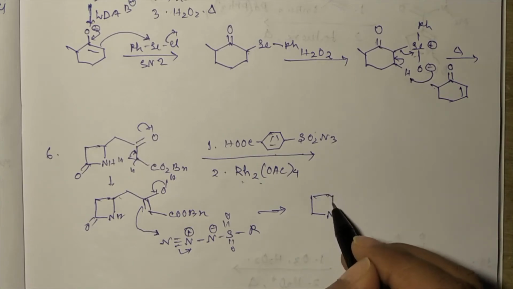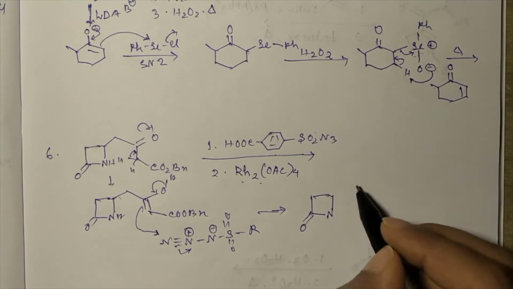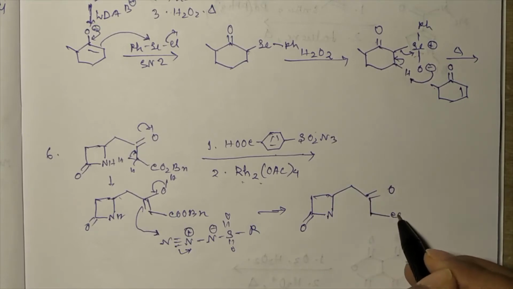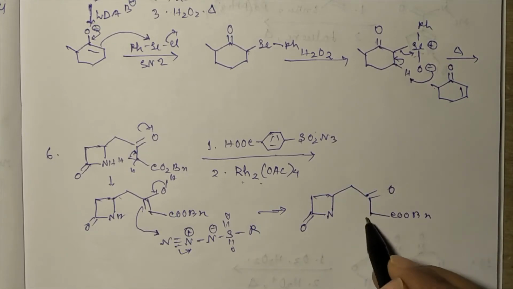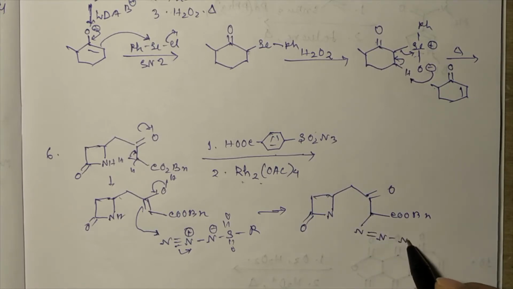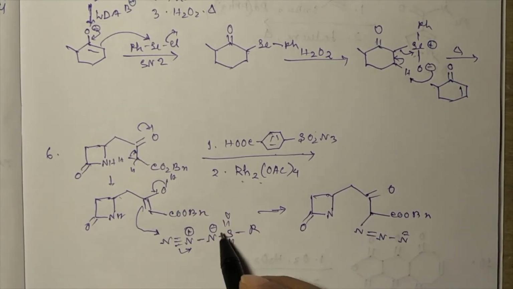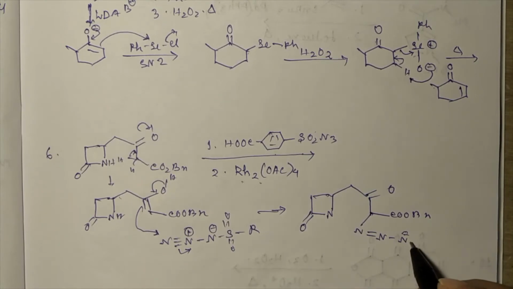C double bond O, N, here N double bond N minus. Now this hydrogen will be taken by this nitrogen, so it will be NH.